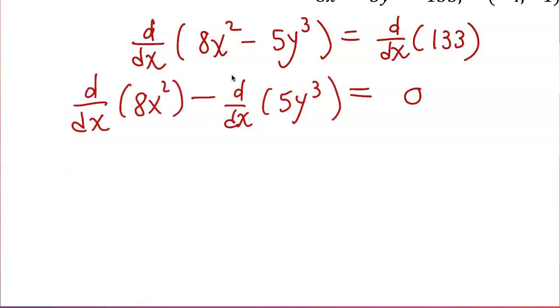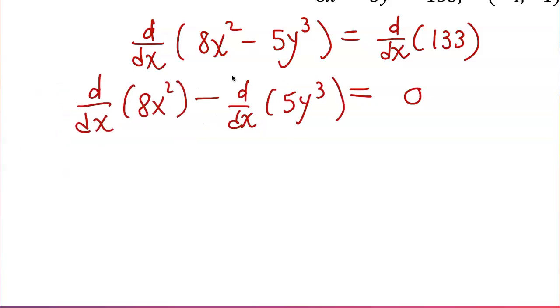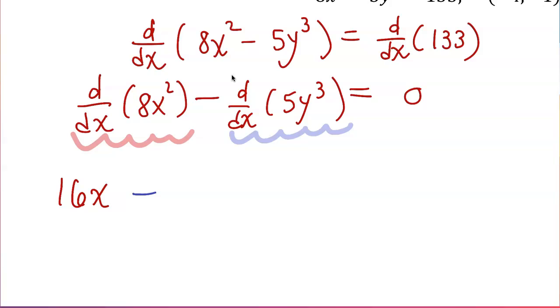All right, we're ready to start. Focus on the first piece. What's that going to give us? That's going to give us 16x. Now, the second term, 5y to the third power. That's going to give us negative, because of this minus sign right here, 15y squared times dy/dx using the chain rule, right?